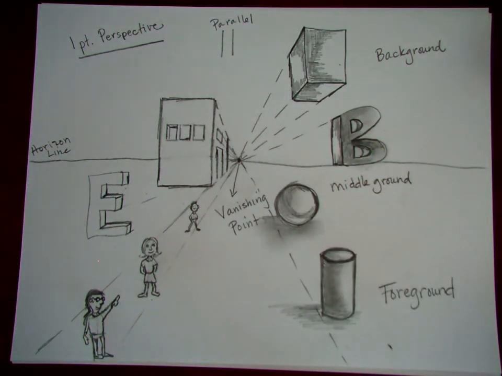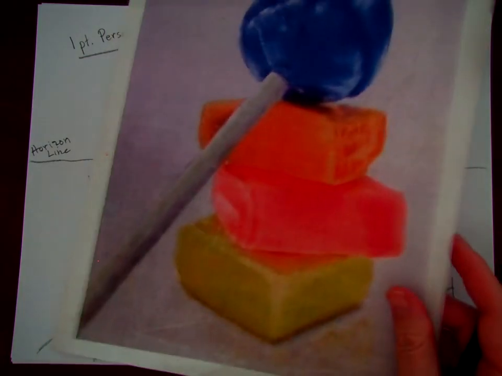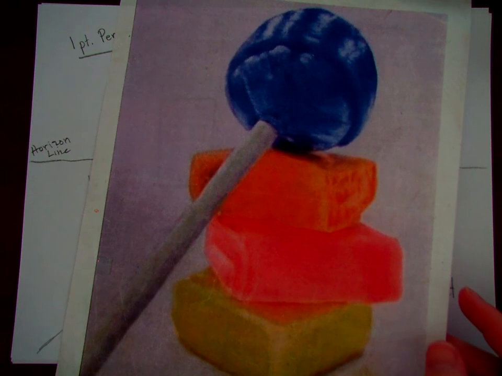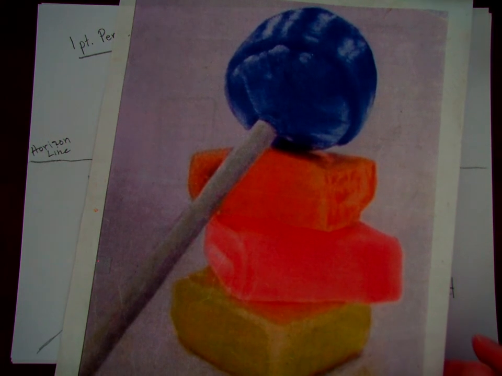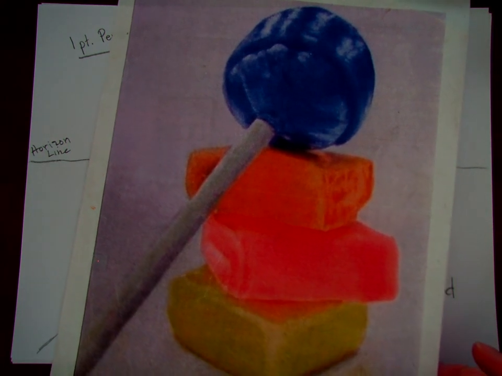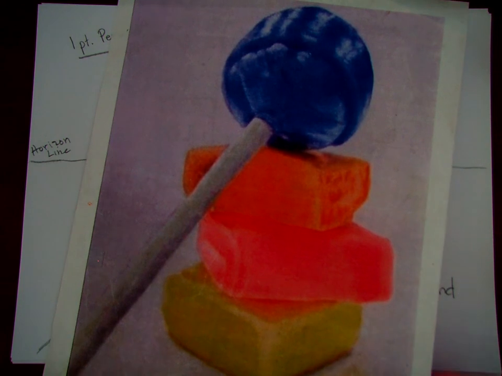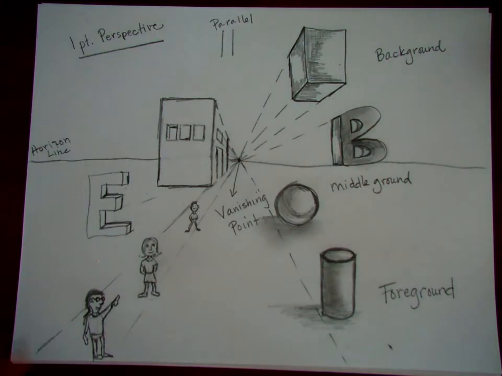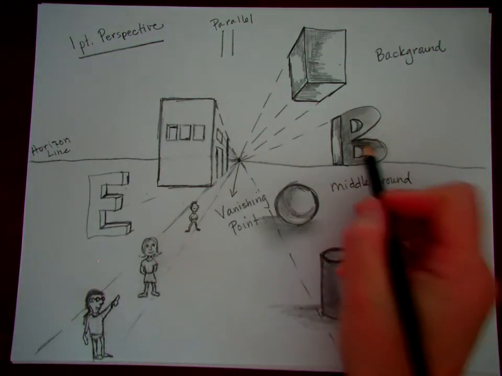I typically have students do a still life with a 2-point perspective. If I can find it here. We typically do this drawing here. It's kind of like a lollipop with some starburst on the bottom, so kind of like a non-traditional still life. So we will do something a little bit more challenging.